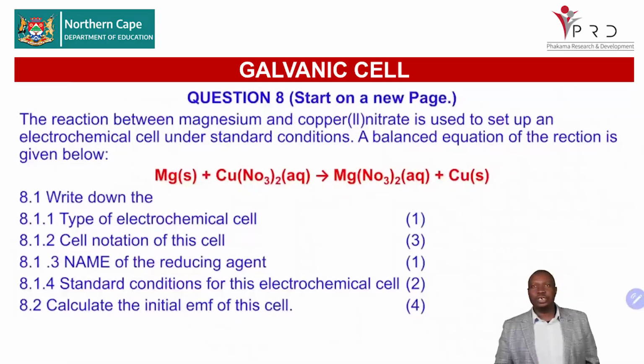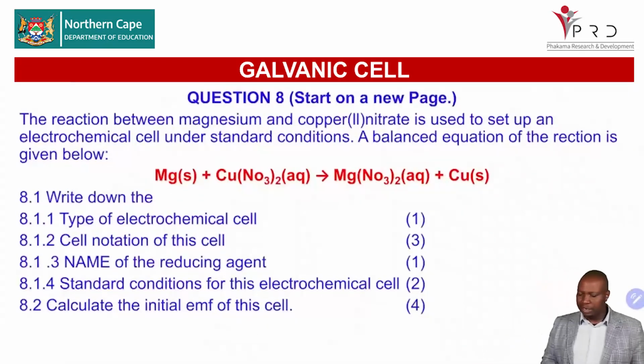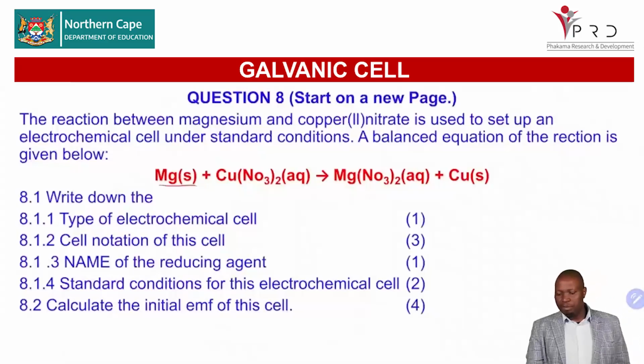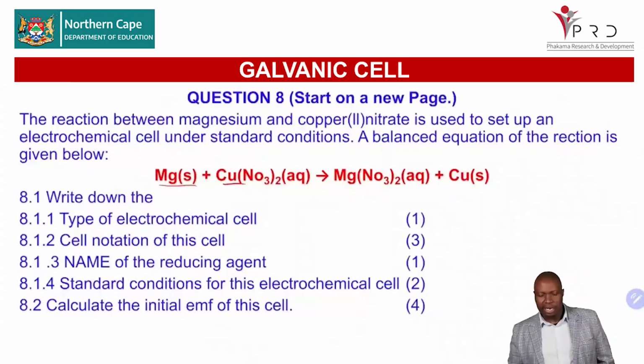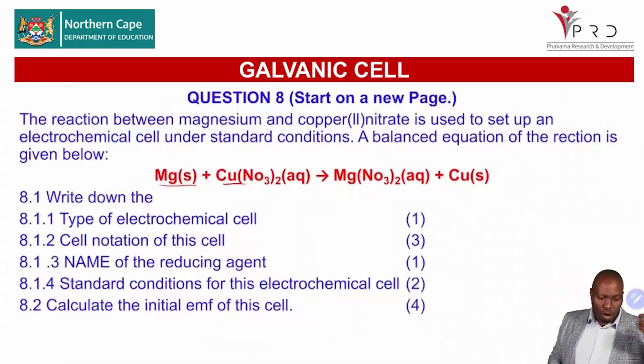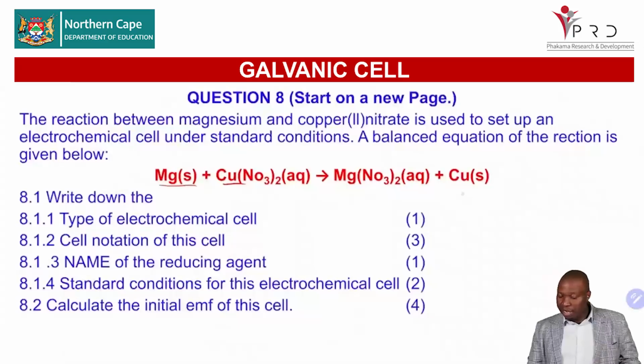And then this is another question that we've given you that you can practice. You have magnesium and copper, and you have seen on the table magnesium on top. So on the table you get magnesium 2+ plus 2 electrons forming magnesium, and copper 2+ plus 2 electrons forming copper.